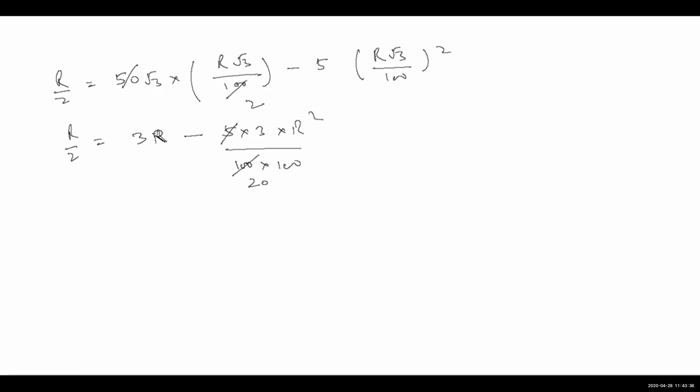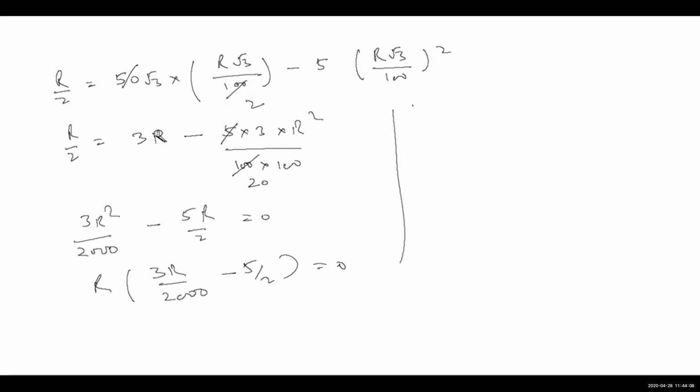Take everything on the left-hand side. So it will be 3R square upon 2000 minus 3R plus R by 2 is equal to 0. R common, it becomes 3R upon 2000 minus 5 by 2 is equal to 0.